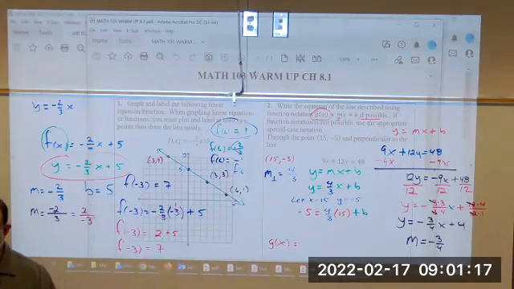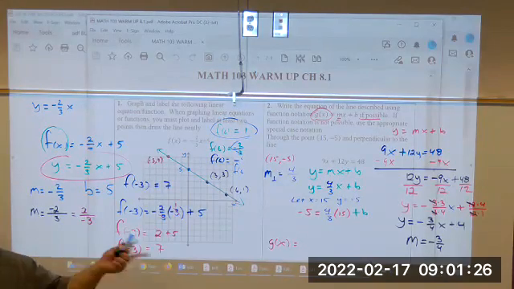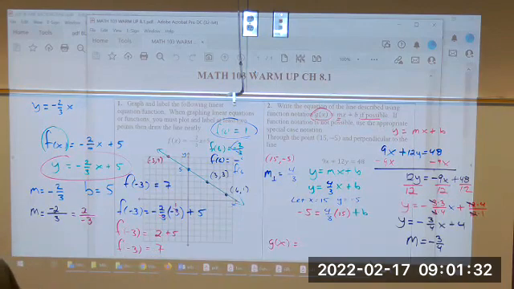Remember what I promised you. Your slope times the x that you plug in should reduce nicely. If it doesn't reduce nicely, then you might have made a mistake on the slope, or maybe you put the y where the x should have gone. If you're having trouble, come up and ask. I can't tell you the answer, but I might be able to direct you to the answer.